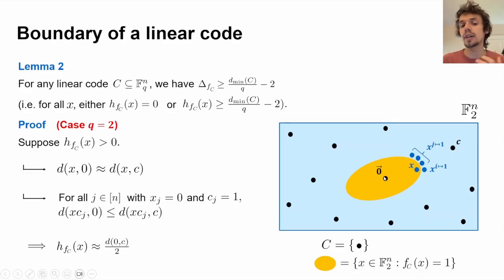So at least half of them must have xj equal to 0. So we have at least the distance between 0 and c over 2 coordinates where xj is equal to 0 and cj is equal to 1. Each of those coordinates gives us a neighbor of x that is outside the region of decoding success. And so we've shown that there are at least this many neighbors, which is exactly what we wanted to show. Okay, so this gives us lemma 2.